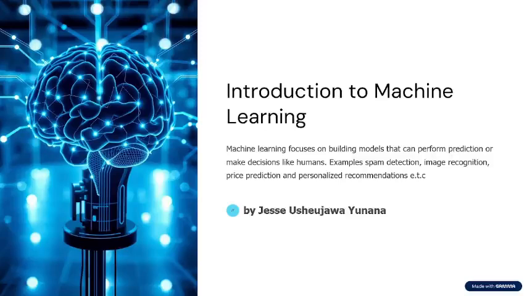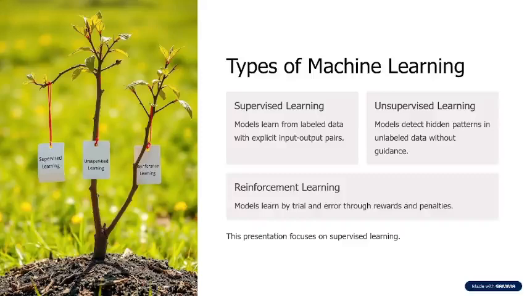There is also house price prediction or price prediction, and personalized recommendation like your music app, Spotify, e-commerce websites. At times you enter, they will recommend music for you based on what you have been searching online. All those kinds of things are done using machine learning. So that is what machine learning is. It has to do with building machine learning models for performing prediction.